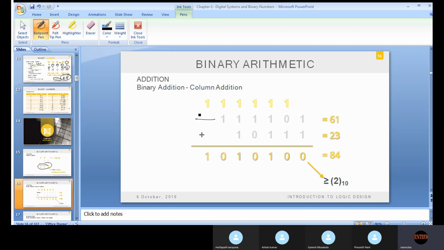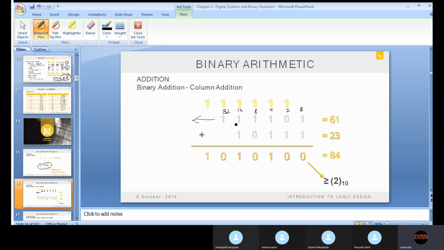If you see this number, the equivalent is 61. What is the equivalent? 2 power 0, 2 power 1, 2 power 2, 2 power 3, 2 power 4, 2 power 5: 1, 2, 4, 8, 16, 32.